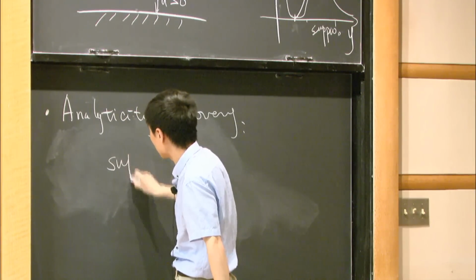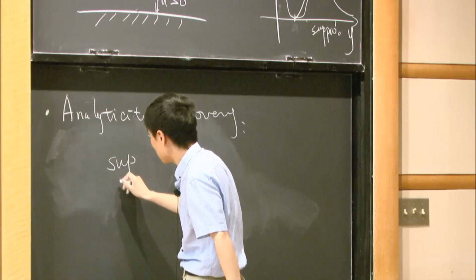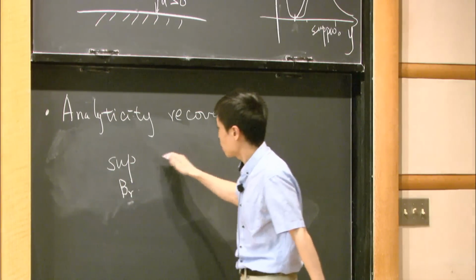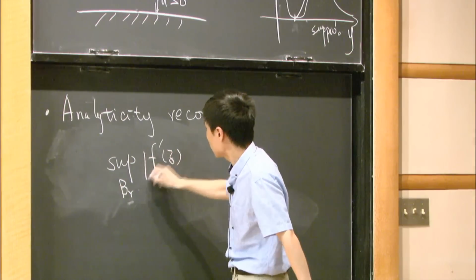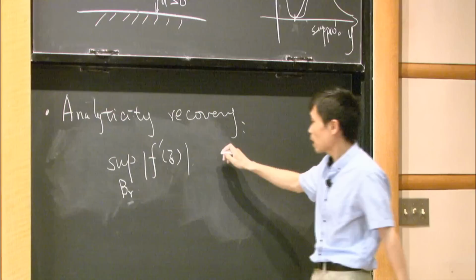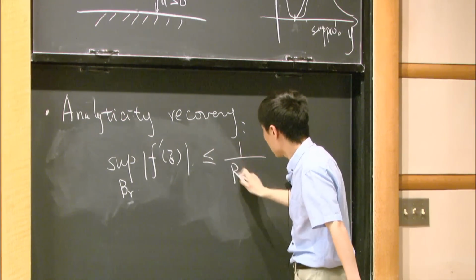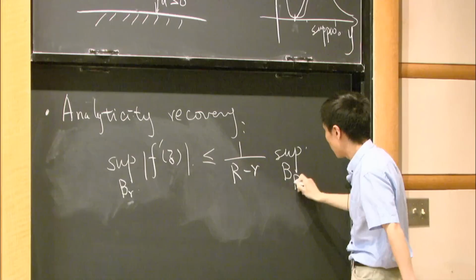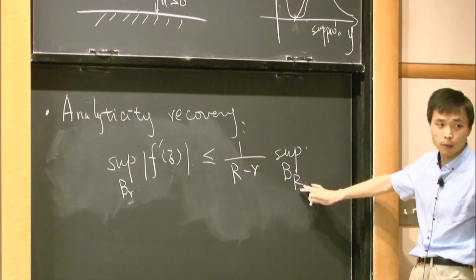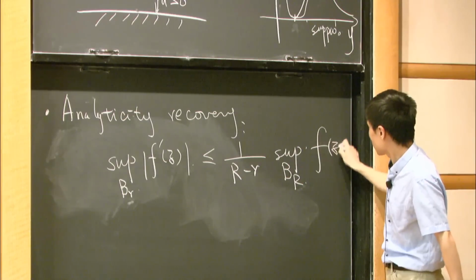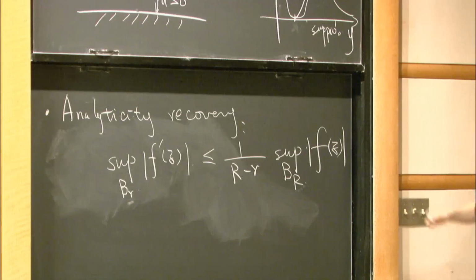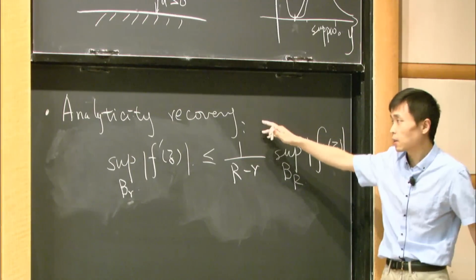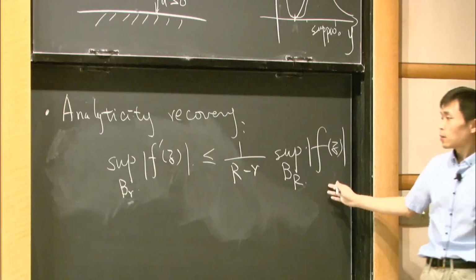Assume you have a ball with small radius r, then the supremum of the derivative of this function is less than 1 over capital R times the supremum of f z over a big ball with radius capital R. That's the main intuition about this analyticity recovery part.